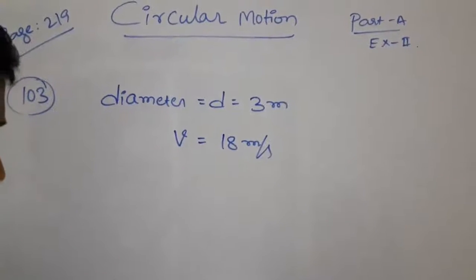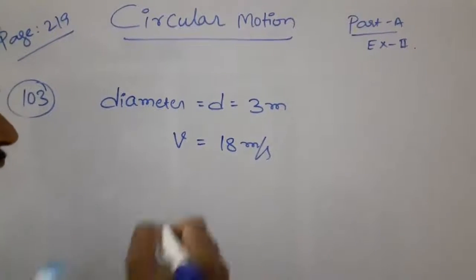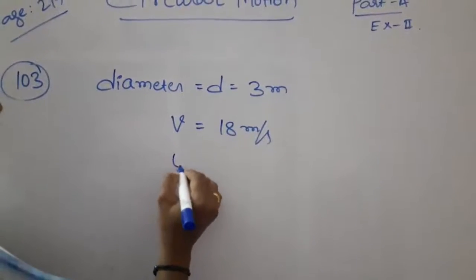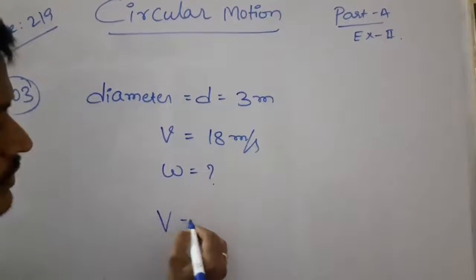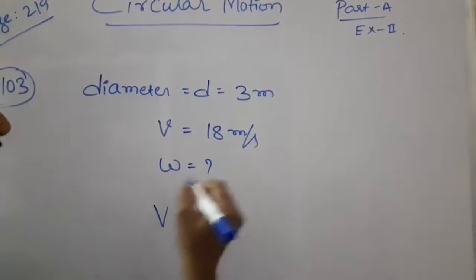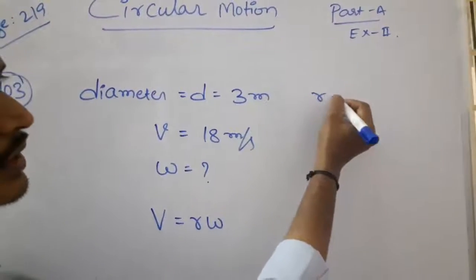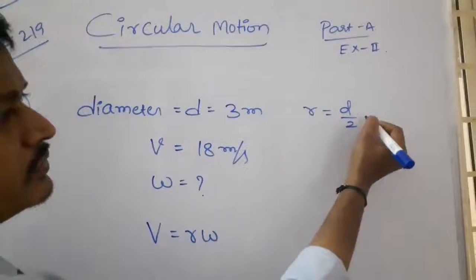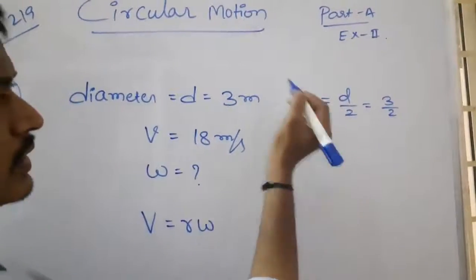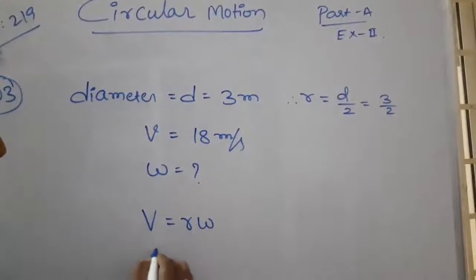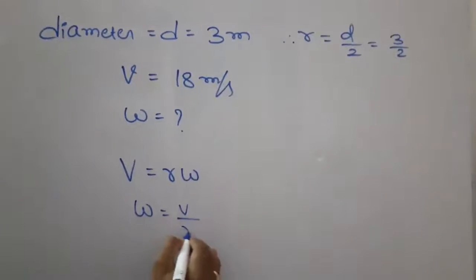Next, the angular velocity of the wheel, angular velocity omega. So here v is equal to r into omega. Here radius r is equal to d by 2, therefore 3 by 2. This is the radius. So omega is equal to v by r.